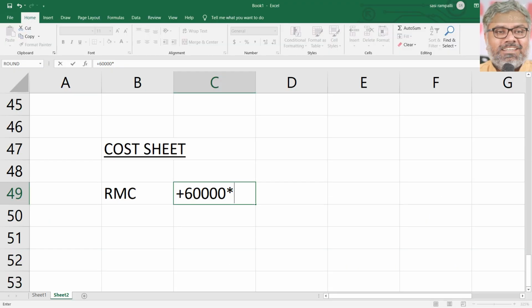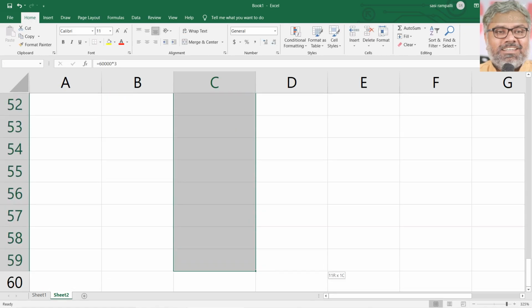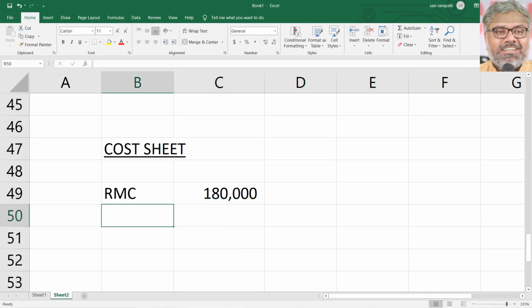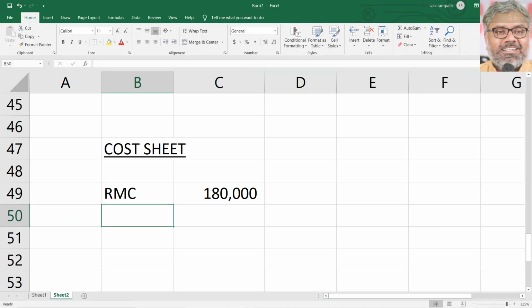We know that it is 3 rupees. So 60,000 into 3, that is 1,80,000 rupees consumption of raw materials per annum.